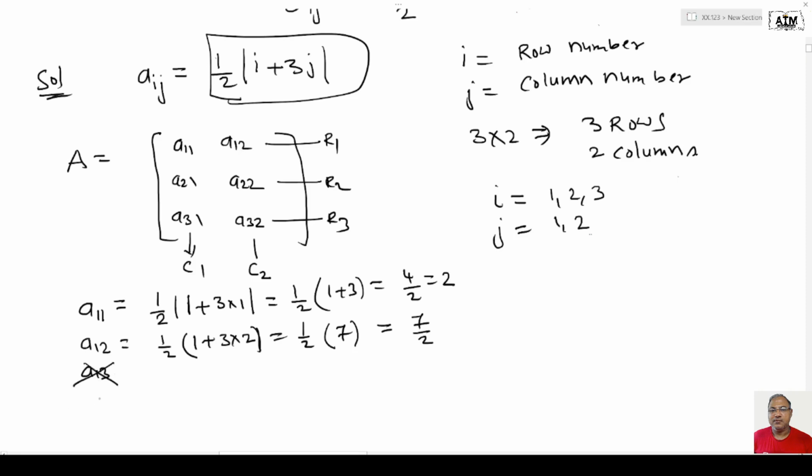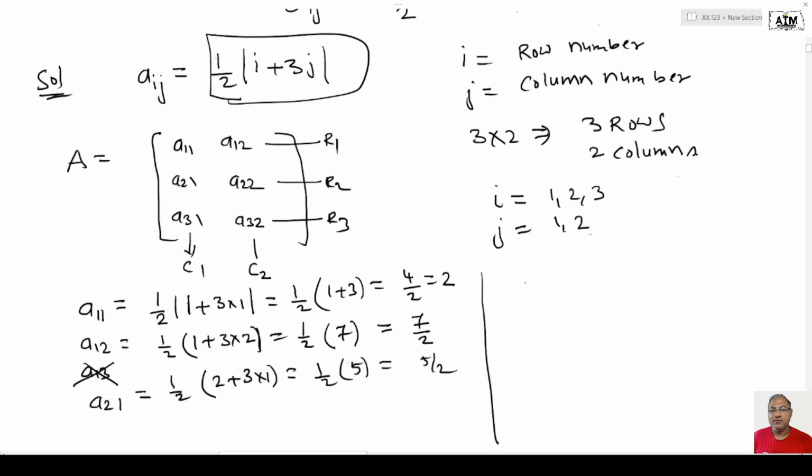Cut it down, then go for A21. Half, with i value 2 and j value 1, that becomes 5, so 5 upon 2.